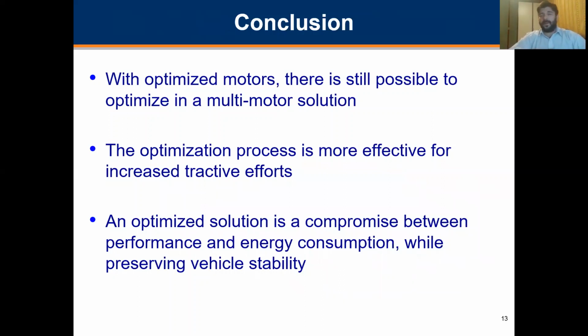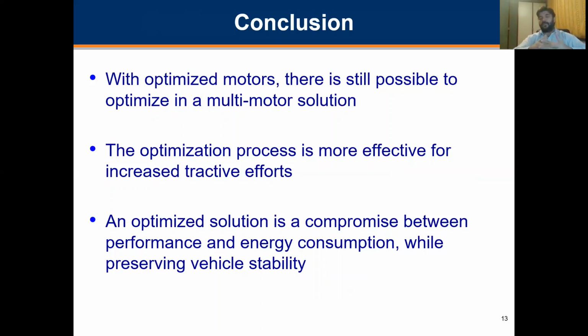As a conclusion, we know that today electric motors are more and more performant, but even so, in a solution with multiple motors, there is still room for optimization, and it's still possible to optimize in a multi-motor solution. Secondly, as we saw in the results obtained during the present study, the optimization process is more effective for increased tractive efforts.